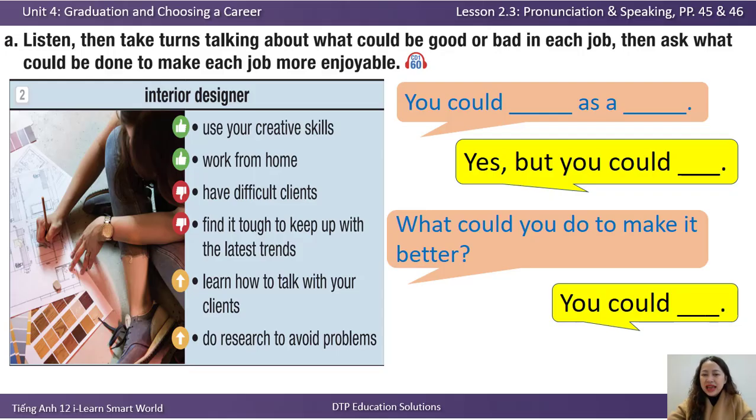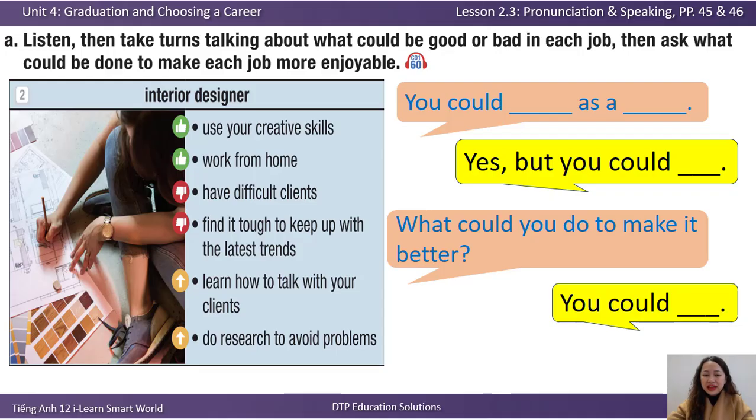Interior designers rely heavily on creativity to design functional and visually appealing spaces. Work from home: designers may sometimes plan designs remotely, allowing flexibility. Some negative aspects: have difficult clients. Some clients may be challenging, making the job stressful.